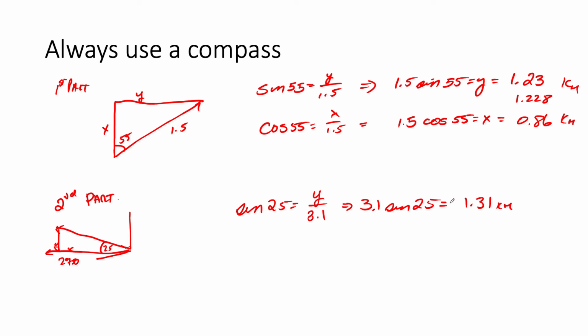That's going to equal my y. I'm going to do the same thing with cosine. So the cosine of 25 is equal to x over 3.1. That's going to give me 3.1 times the cosine of 25. And that's going to give me, if I do the calculation, 2.81 kilometers.